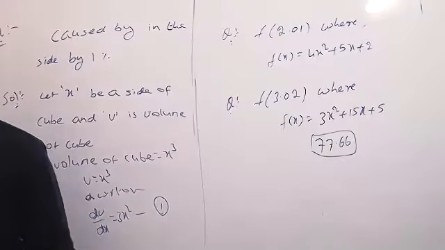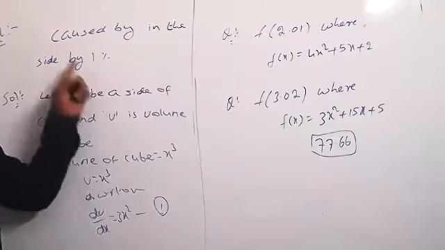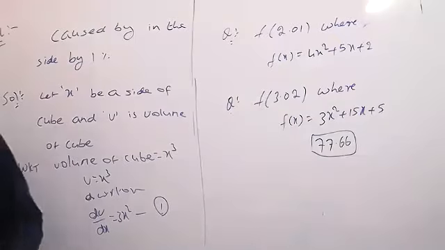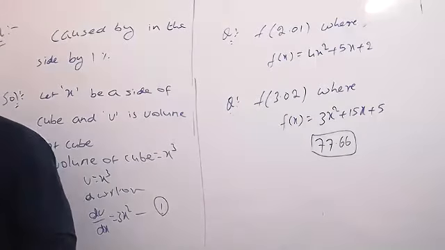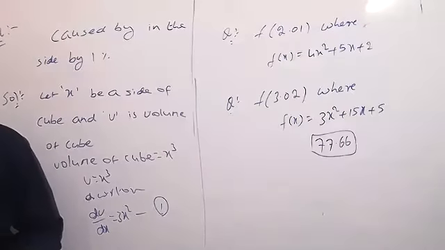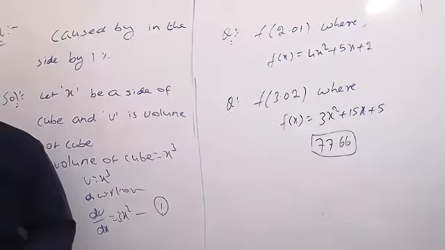After taking the volume, what is the last condition here? It is caused by an increase in the side of 1%. What is the side here? x is the side. It will be increasing by just 1%. Based on the approximation, we already use the formula f of x plus delta x. x is the side, so what is the meaning of delta x here?